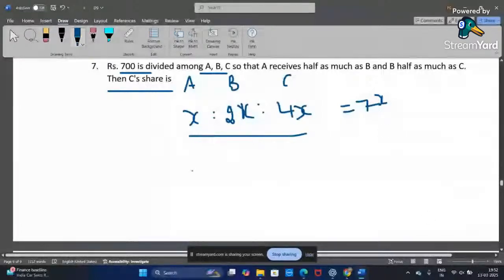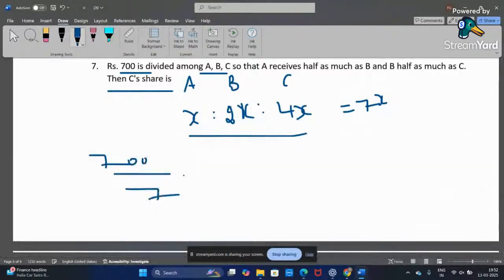What we have to do? We have to divide this 700 by the ratios. So it is 100. The x is 100. The value of A's share is only 1x, so it is 100.